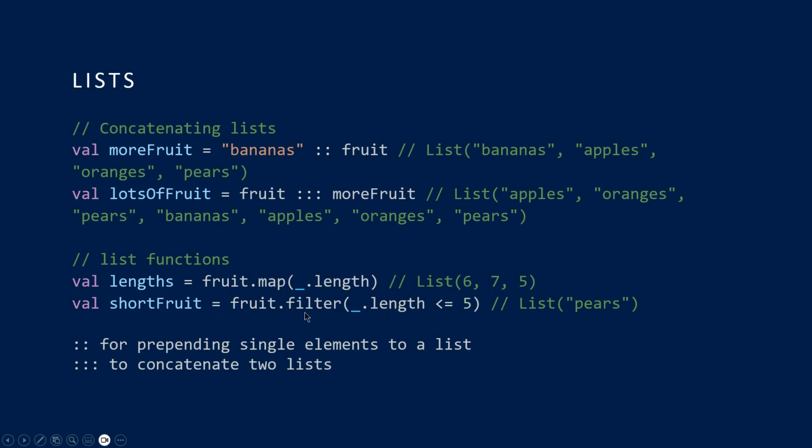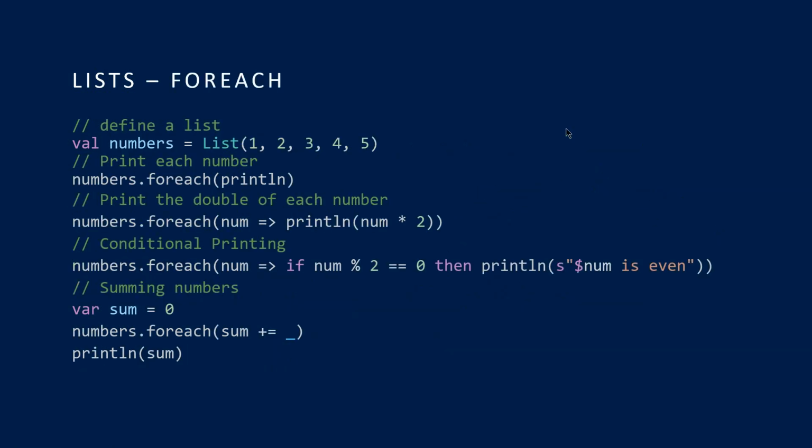And then we can do things like filters on our list. So we're filtering out anything where the length is less than or equal to 5. Here I'm using this as a placeholder as it iterates through the values of fruit. And I'll just clarify here, 2 colons for prepending single item elements to a list, and then 3 to concatenate 2 lists.